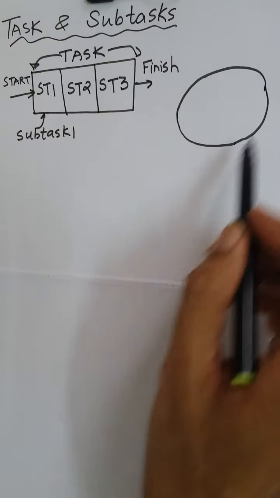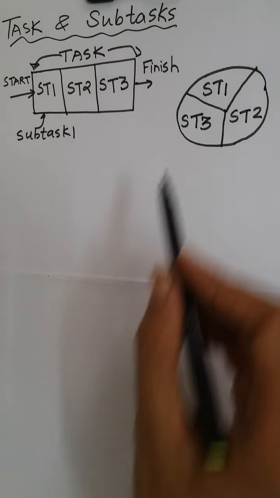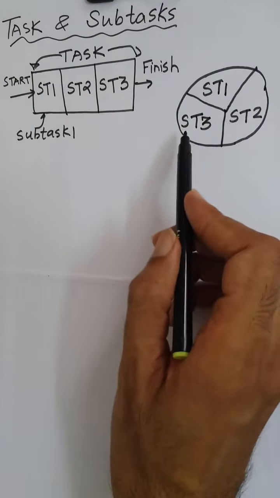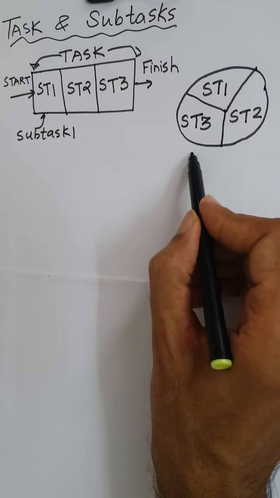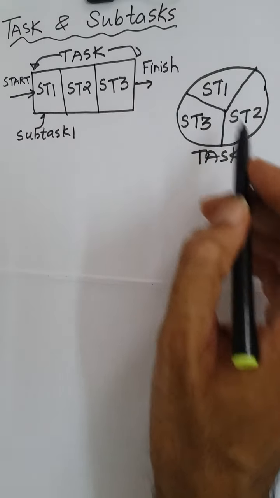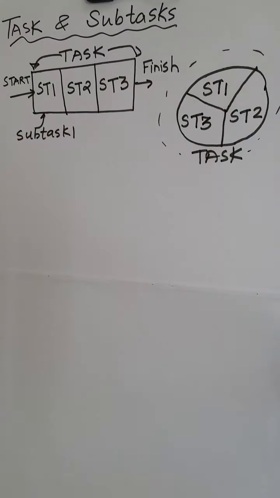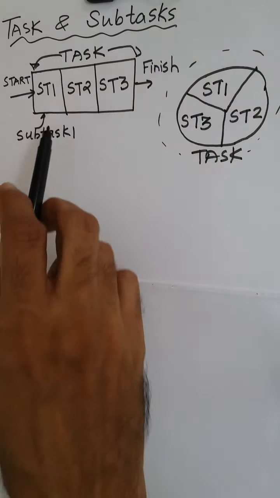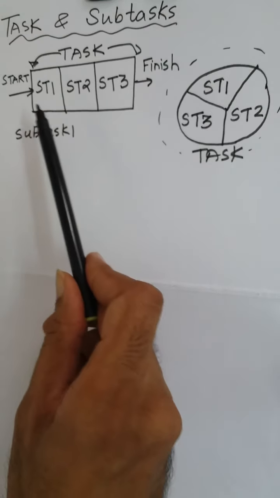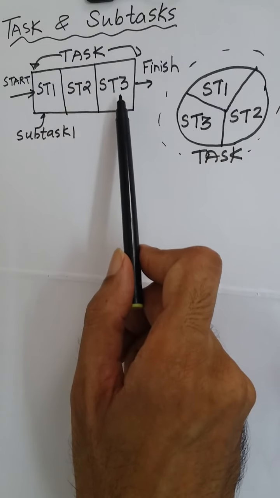A task may be represented like this, okay? So again, this is subtask 1, subtask 2, subtask 3. In any order, if the subtasks are done, then we say that this task is accomplished, okay? In this particular task, subtask 1 needs to be done first, followed by 2, followed by subtask 3.